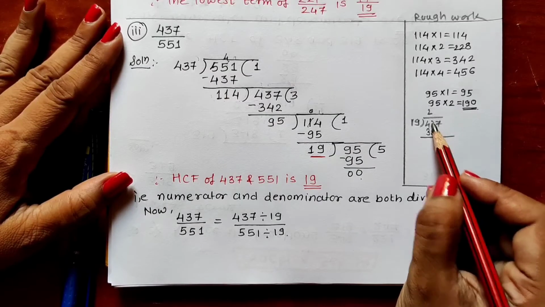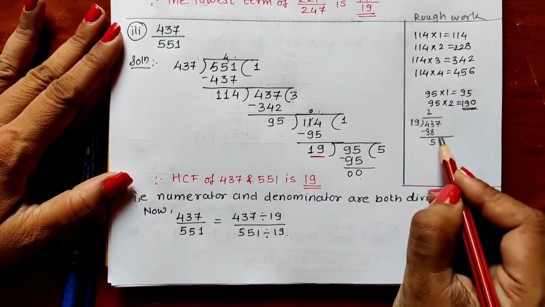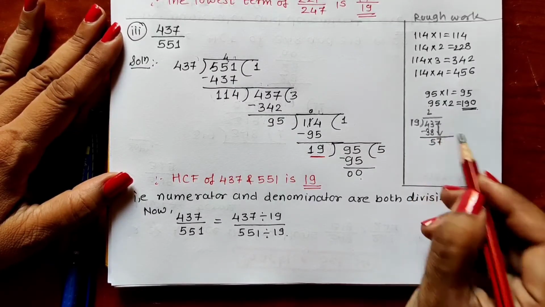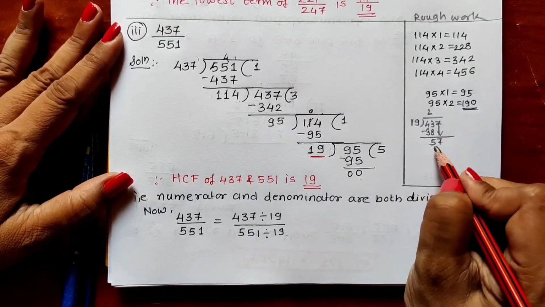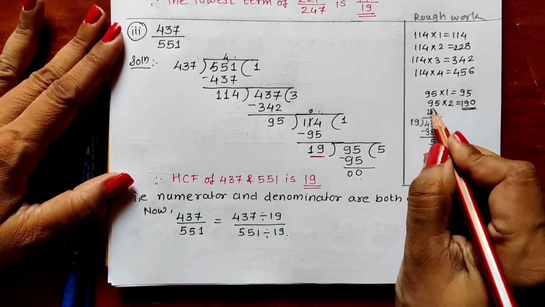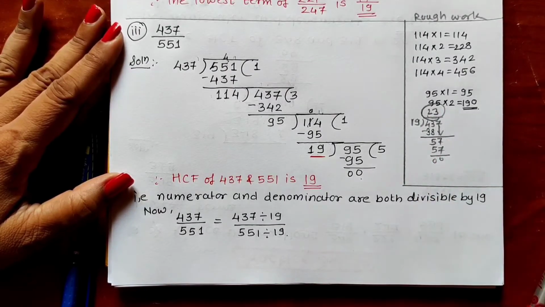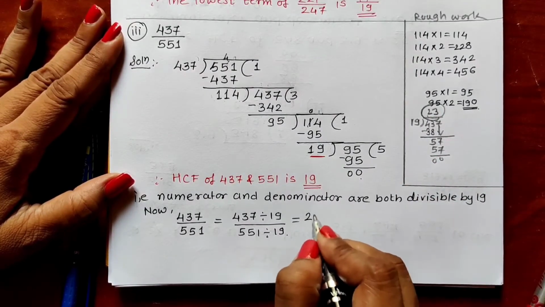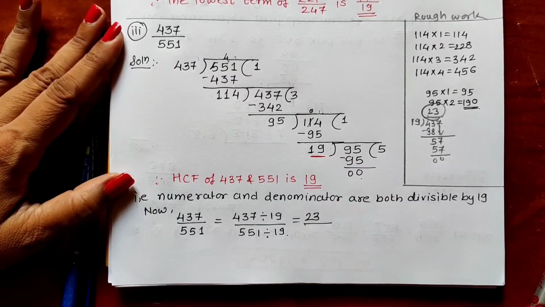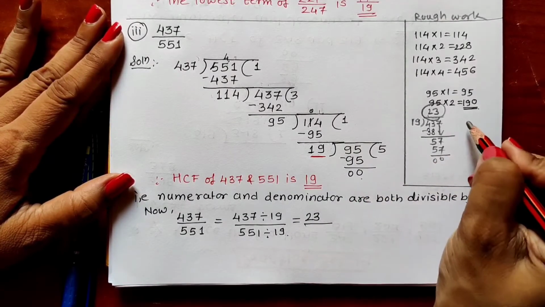What will be the answer? 5. And this 7 we have to write down. 57 we got. 19 threes are 57. So we have got 23. We write here upon.